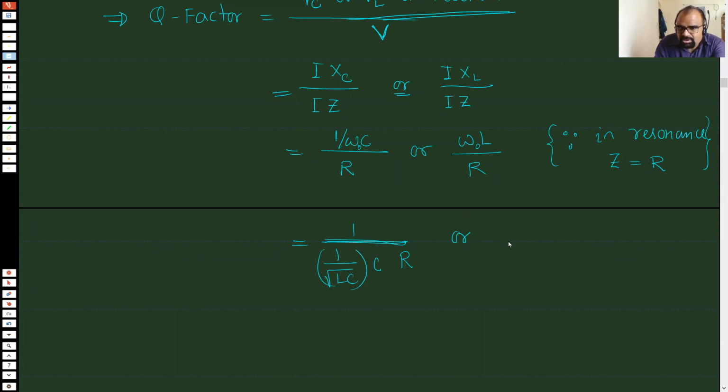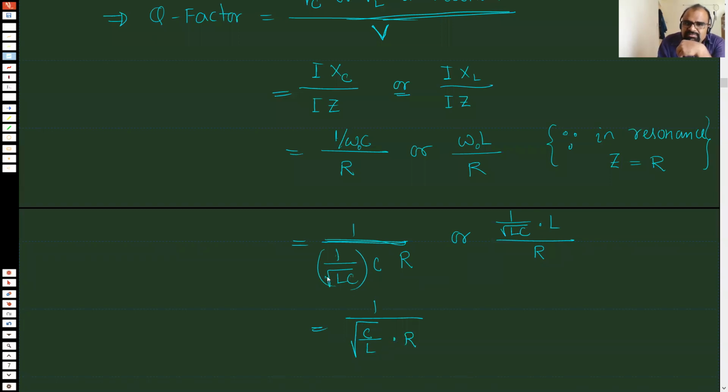Or if you want to use this, omega naught is 1 by root LC into L divided by R. Clear?